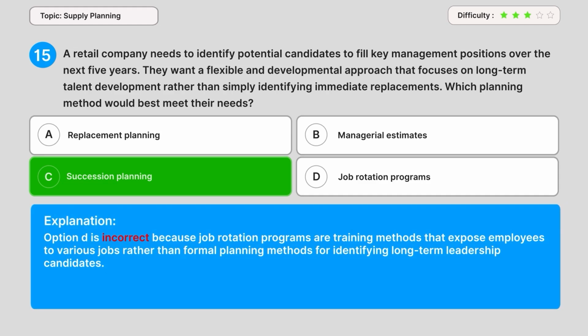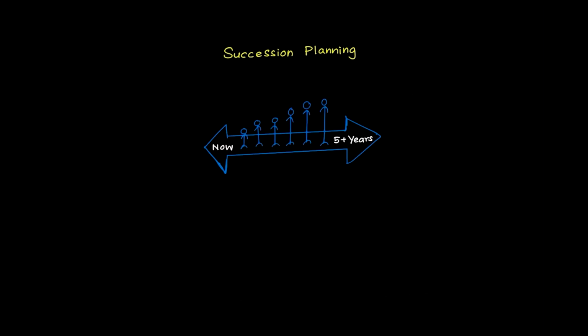Option D is incorrect because job rotation programs are training methods that expose employees to various jobs rather than formal planning methods for identifying long-term leadership candidates. Succession planning is the long-term developmental approach to identifying and growing future leaders. It focuses on building talent over years, not just naming immediate backups.